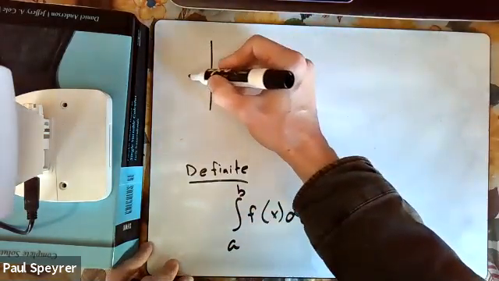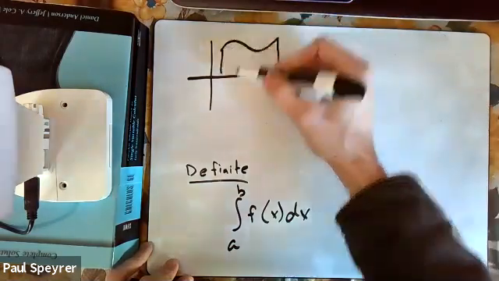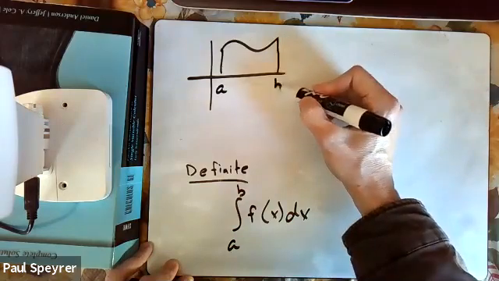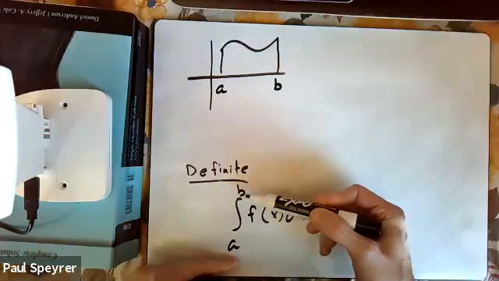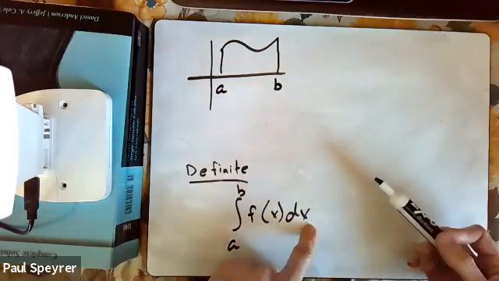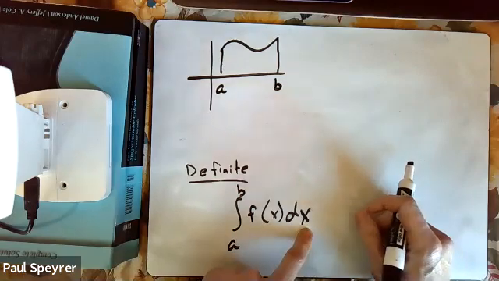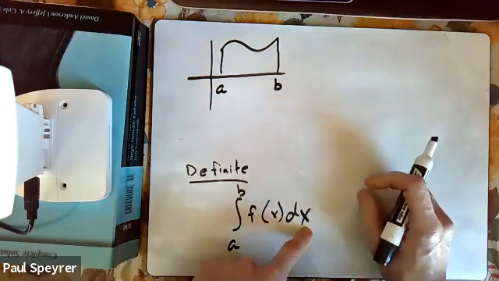Let's say we have this curve right here, and this is a and b. These are normally x values, but again, it could be y values, z values, any kind of value. What determines that is this dx. That means with respect to that specific variable.